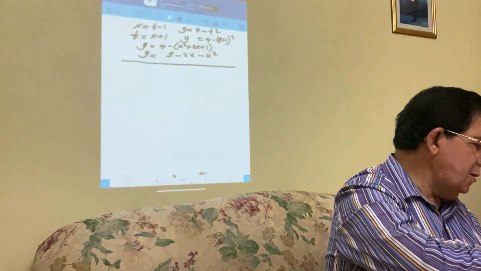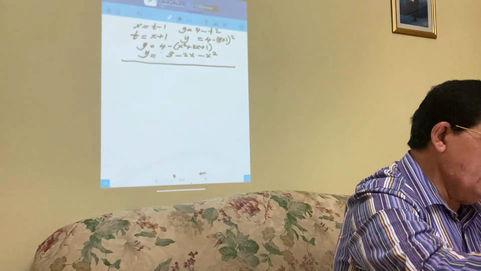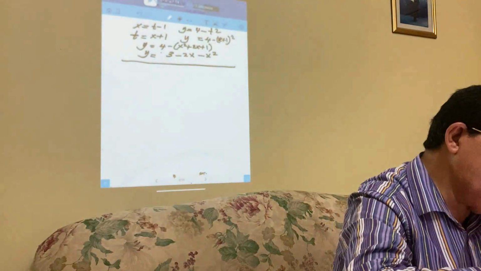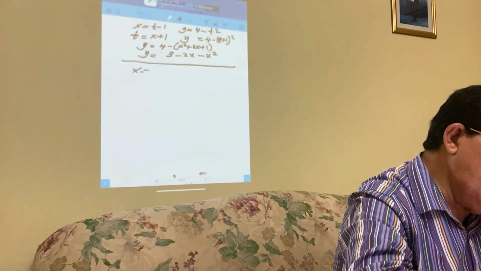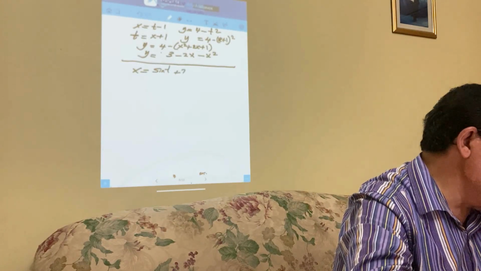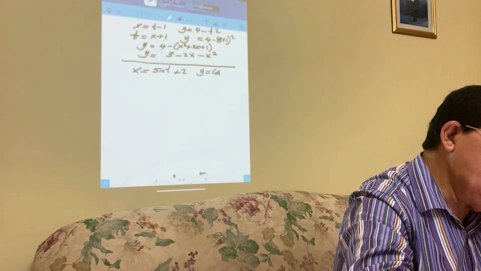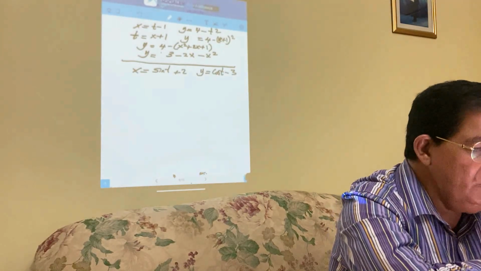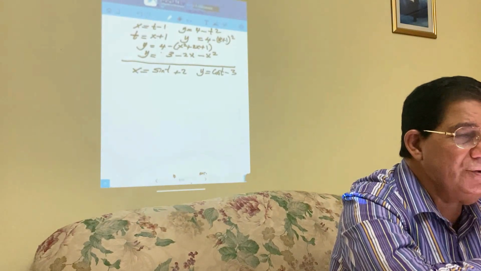If we were given that x equal sine t plus 2 and y equal cosine t minus 3, and we wanted to convert this into Cartesian equation.